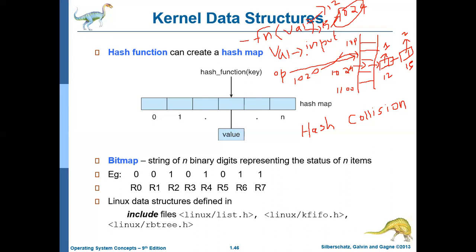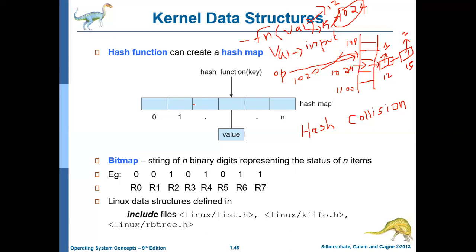So this is how a hash function works. A hash function is an ordinary function which takes a value as an input and produces an output, and the output refers to the memory location. The operating system uses this to directly access a particular memory location and execute the instruction. But sometimes a hash function may create a problem called hash collision, where two or more inputs to the hash function give the same output.